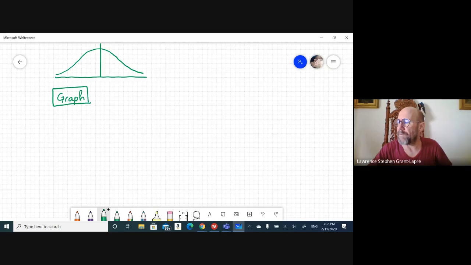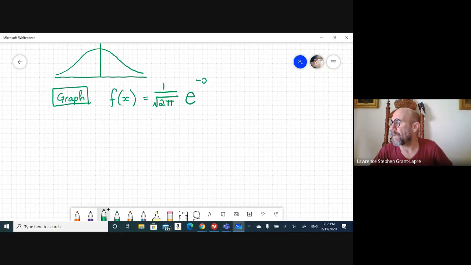I want you to go to your graph function and put in a fraction: 1 over the square root of 2 pi, times e to the power of negative x squared over 2. I want you to graph it.